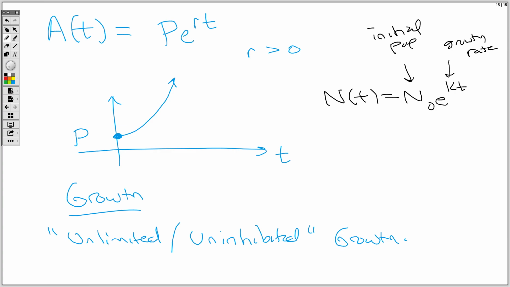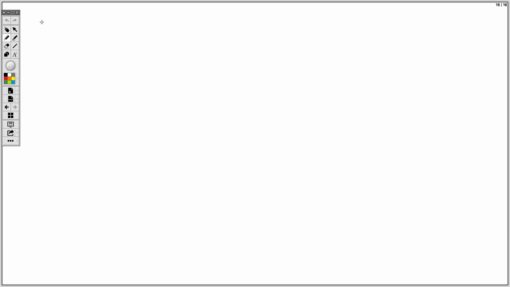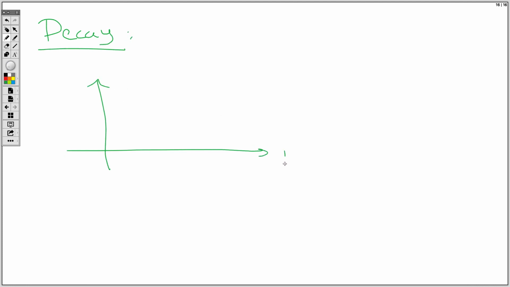Now, you can kind of turn this around. And instead of having a growth curve, you could have a decay curve. So A of t equals A naught e to the kt.